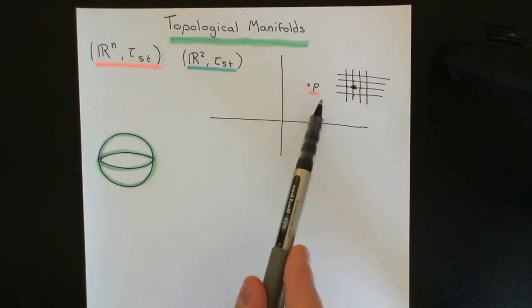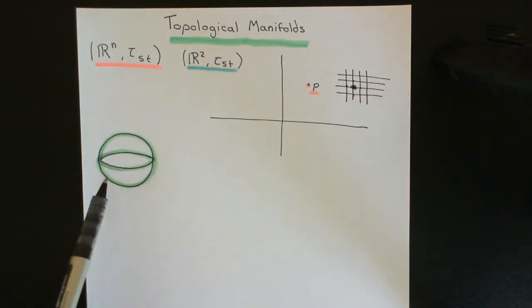However, I cannot stretch this and turn it into this, not without sticking bits together. You're not allowed to stick bits together or cut bits up, so you cannot turn these two into one another by either sticking or cutting, depending on which direction you're going in. So these two are not topologically homeomorphic, they are different topological spaces.